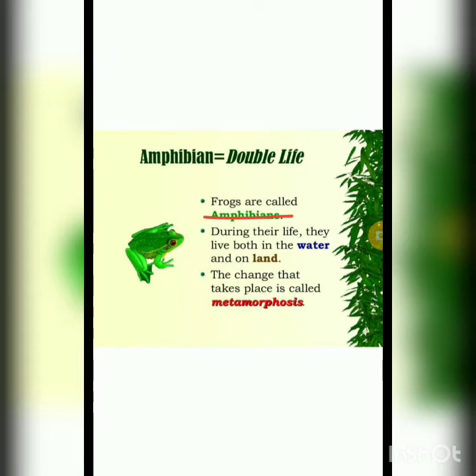Amphibians, I have told you in the life class what are amphibians. Amphibians are those animals, those who live both in the water and on land. जो animals पानी में भी रहते हैं और land पे भी रहते हैं. Those animals are called amphibians. So amphibians here means double life. Double life means जो animals water में भी रहते हैं and they live on land also.